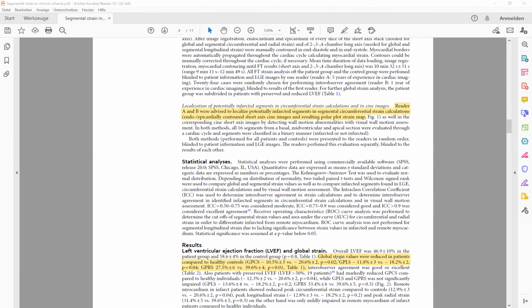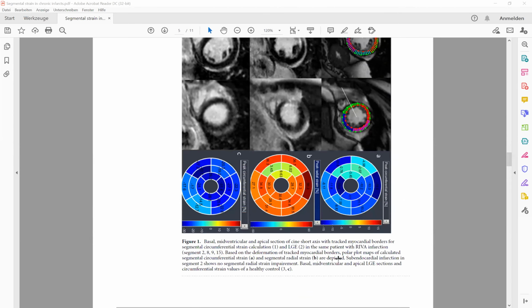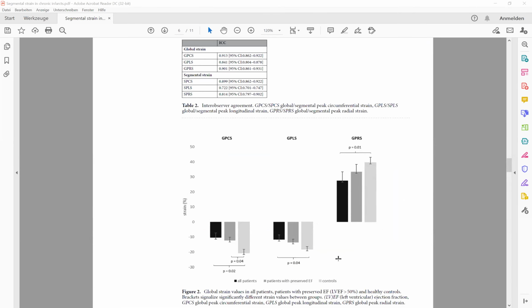As many groups before, we demonstrated first that global strain is reduced in patients with infarcts, especially global peak circumferential strain. Also patients with preserved ejection fraction but visible infarcts have reduced or impaired global circumferential strain.